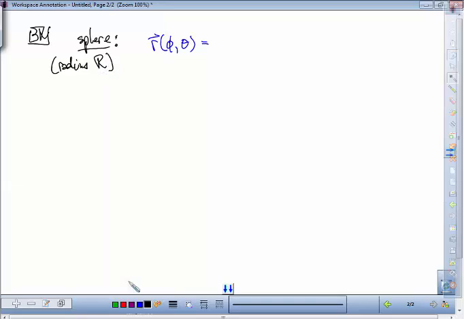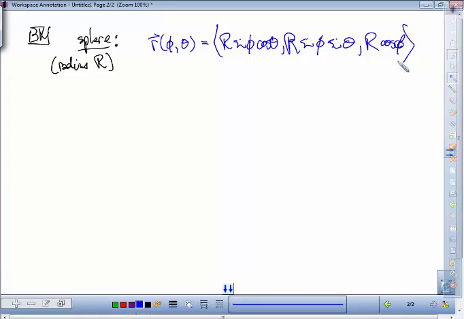There's too many R's here. Anyways, the parameterization is going to be with a constant R as your radius, that's essentially your rho. Your rho is going to be fixed constant at capital R. So R sine phi cosine theta, capital R sine phi sine theta, and then rho, or in this case R, cosine phi. So this is your parameterization.